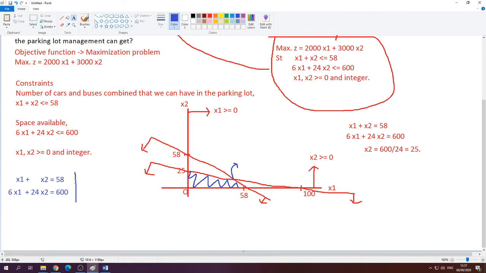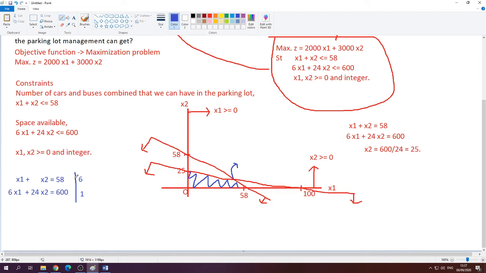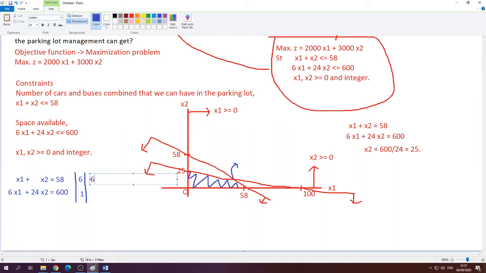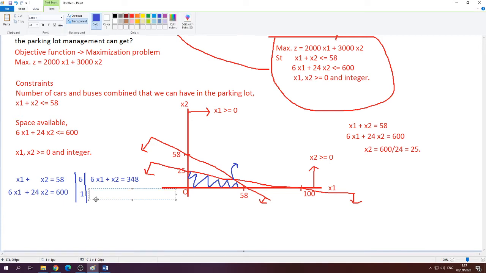So I multiply the first constraint by 6, and I multiply the second constraint by 1. Now we're going to have 6x1 plus 6x2 equals 6 times 58, that's 348, and then we have the second constraint times 1, so it will not change.